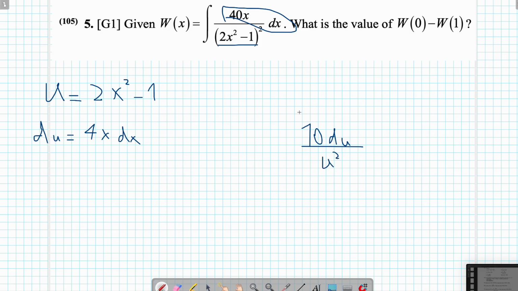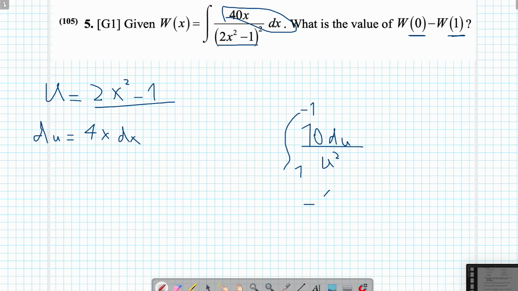Now in my opinion, for this question, it's way easier to do the new limits by substituting, for example, u of 0 in here, which will start off with -1 at the top, and then you substitute 1 here, and then we're gonna bring it down. So 2 times 1 squared, which is 2, minus 1 is 1.